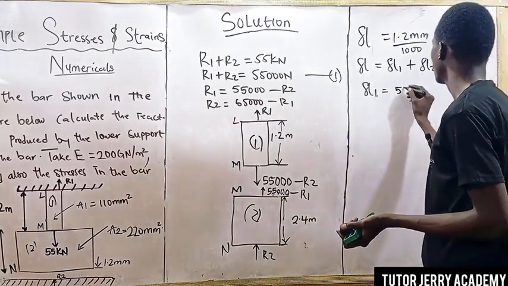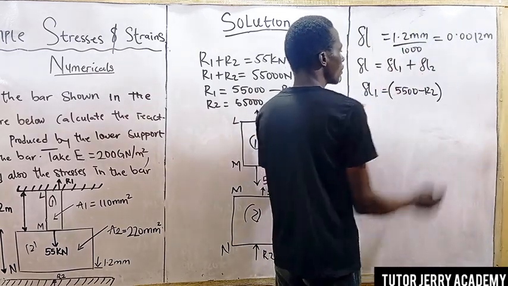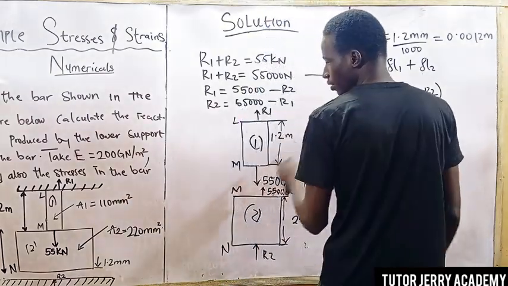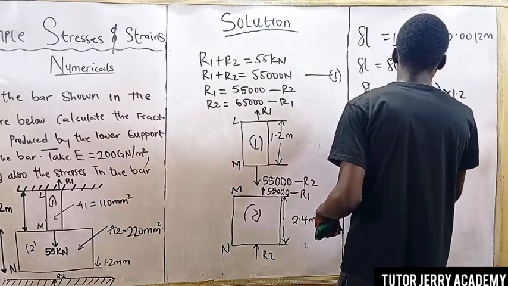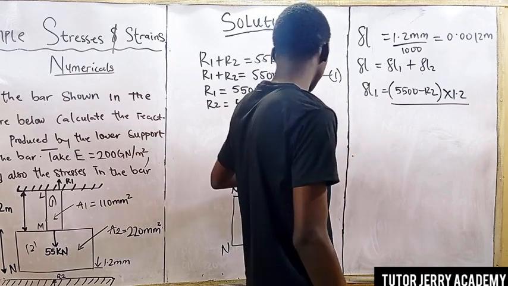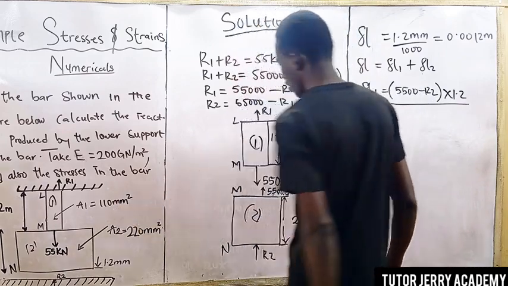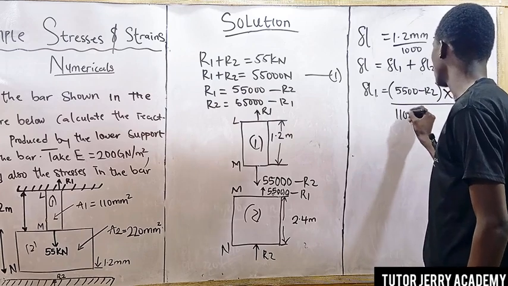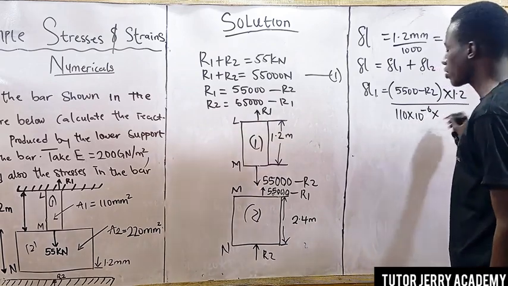We multiply P by the length of 1.2 meters, divided by EA. The area for the first section is 110 millimeter square. Converting to meters, we have 110 times 10 to the power of minus 6, multiplied by E, which is 200.